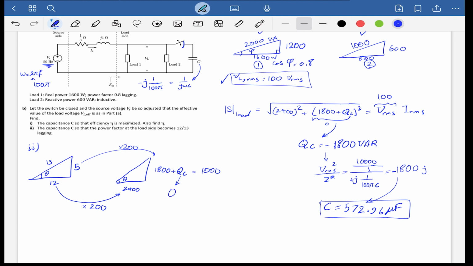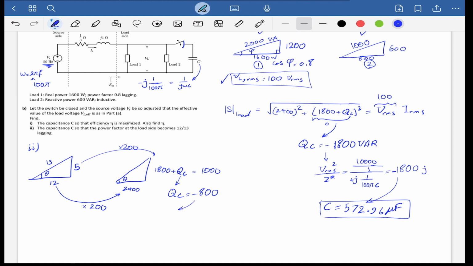So from here we get QC equal to minus 800. Please note that the complex power of the capacitor will always be negative, and for the inductor it will always be positive.